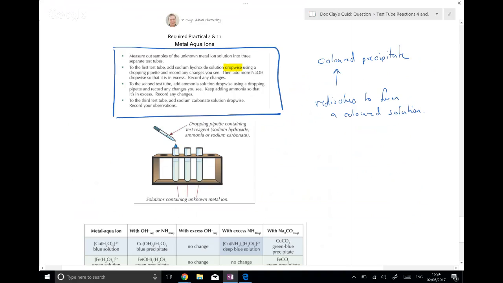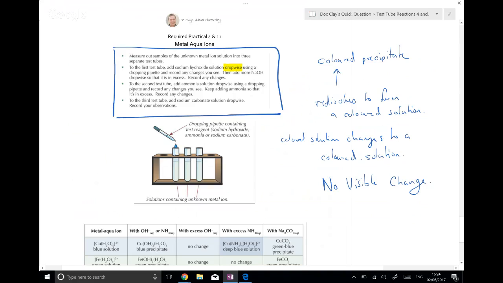All right. Or there may be a solution that changes color, changes to a colored solution, and once again, we're just going to replace the word colored with whatever colour it is. Or the other thing we might describe is there's no visible change, that's when nothing appears to be happening.